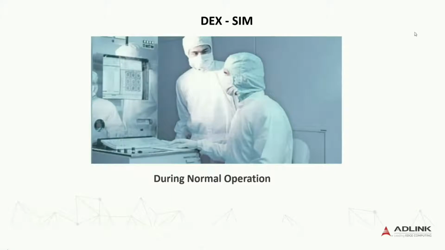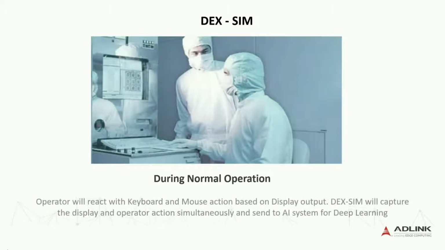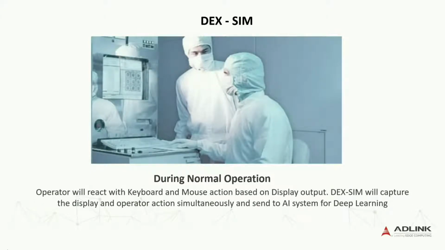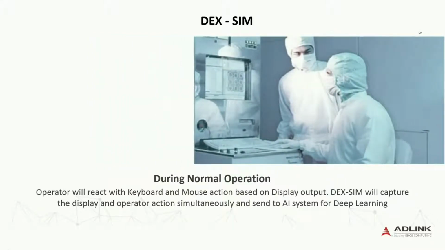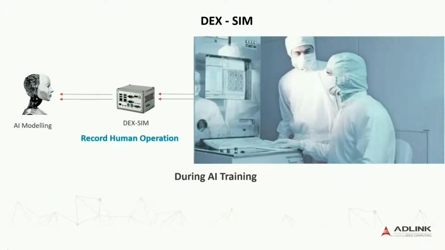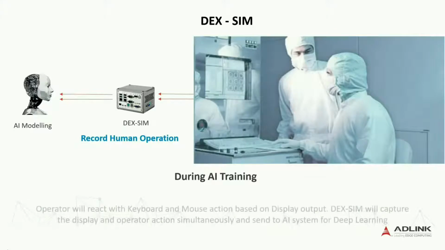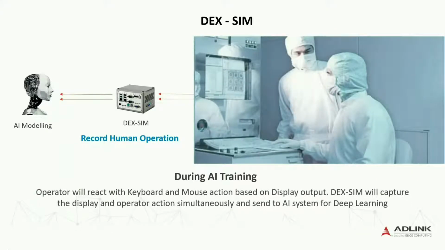Now let me play this video to show you how DEXSIM works. During normal operation, the operator and engineer respond to the content of the display shown with mouse and keyboard actions. With DEXSIM connected, it records the human operation by recording the display output of the machine and the operator's or engineer's keyboard and mouse actions simultaneously. These are then sent to the AI server for machine learning to build the AI model.